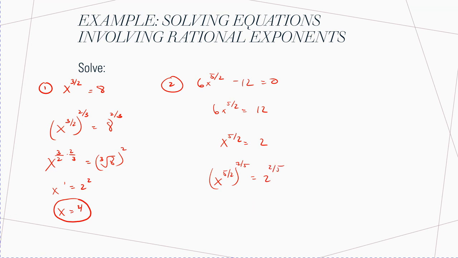So these are just going to cancel out, and you get left with x is equal to 2 raised to the 2/5 power. So you could also rewrite this as the 5th root of 2 squared, which is the 5th root of 4. But you can also just leave it like this.